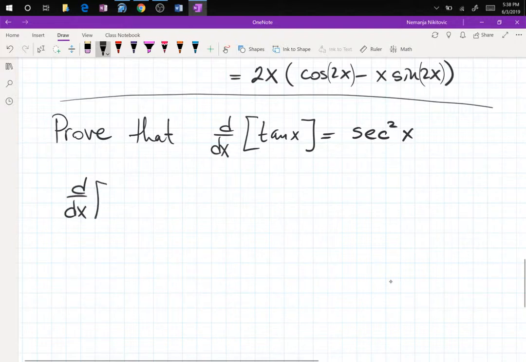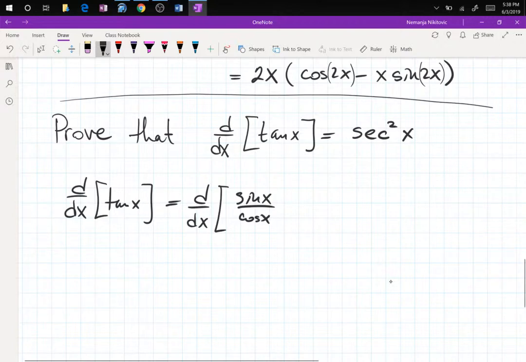So the derivative of tangent x can be written as the derivative of sine x over cosine x, and then you can use quotient rule, which you know from last class, obviously. Totally practiced all of this over the weekend.